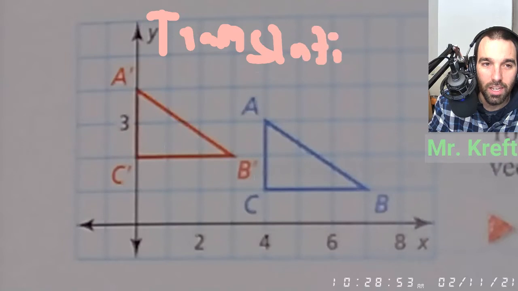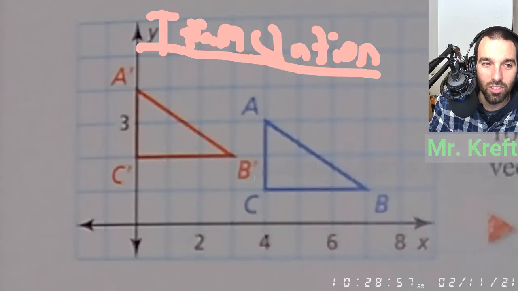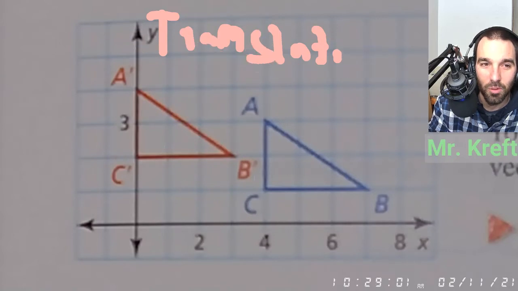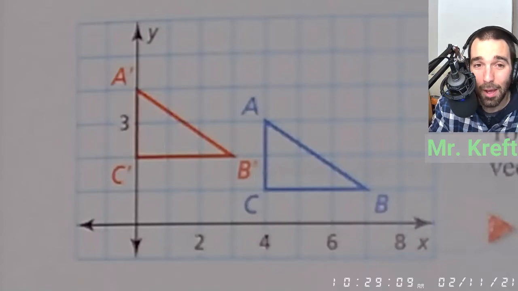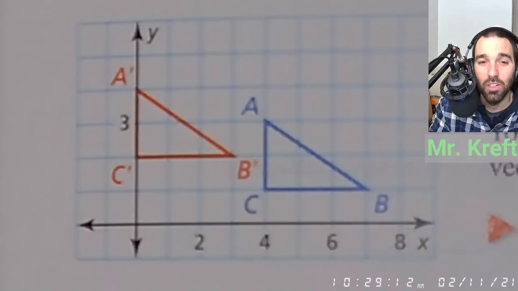It's really hard to write with my mouse. This is a translation. Whatever. Okay, so we have a translation, and I'll show you what this means. A translation means that we move a shape up, down, left, or right.